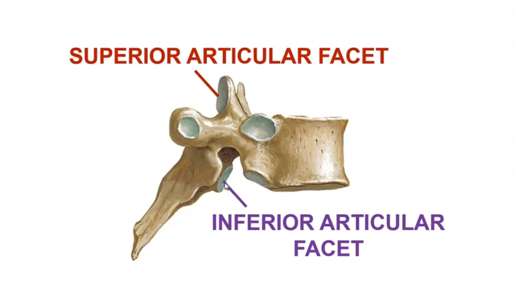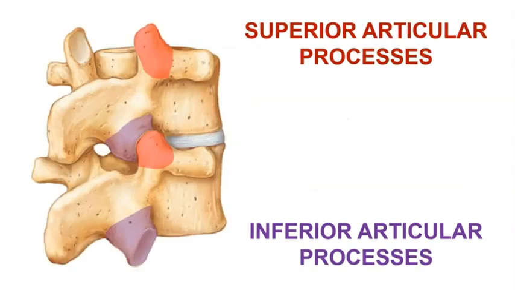They have smooth surfaces called the inferior articular facets. So the superior and inferior articular processes are the way that the vertebral arches of adjacent vertebrae link up and connect to one another.